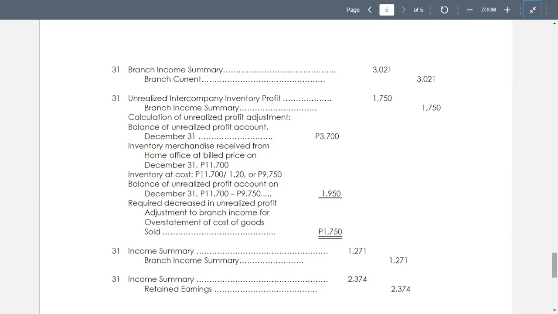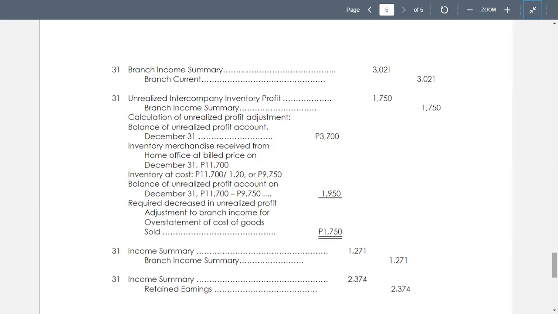Take note that the inventory of the branch is composed of two amounts. One is from shipments from home office at billed price, and the other one is from outside suppliers. So for the inventory received from the home office at billed price, since the billing rate is 120% of cost, now we divide 11,700 by 120%.